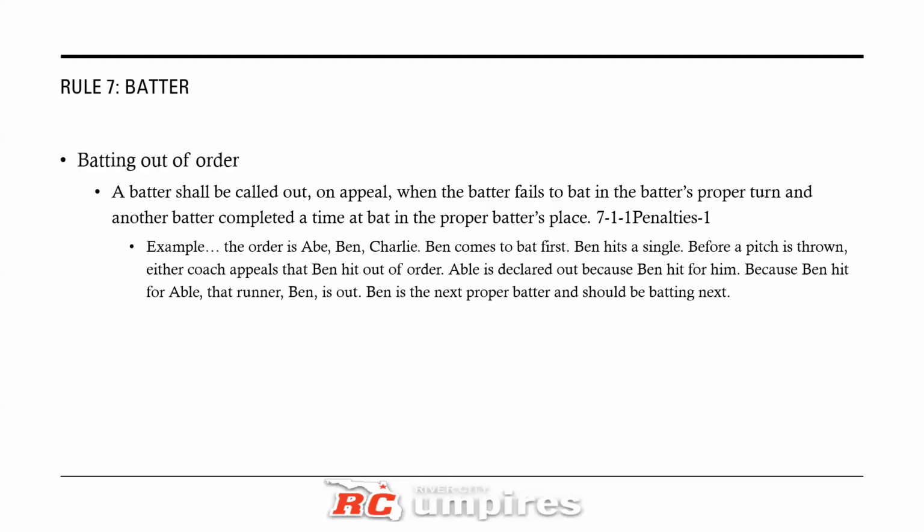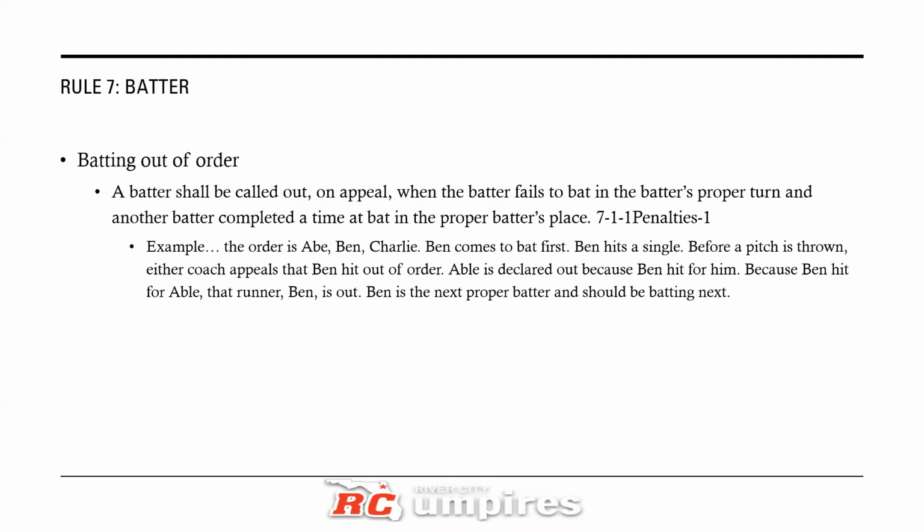A, B, C, 1, 2, 3. Ben comes to bat first. Ben hits a single. Before another pitch is thrown, either coach can appeal that Ben hit out of order. Not sure why the offense would do that. Really? But he did. Abe is declared out because Ben hit for him.